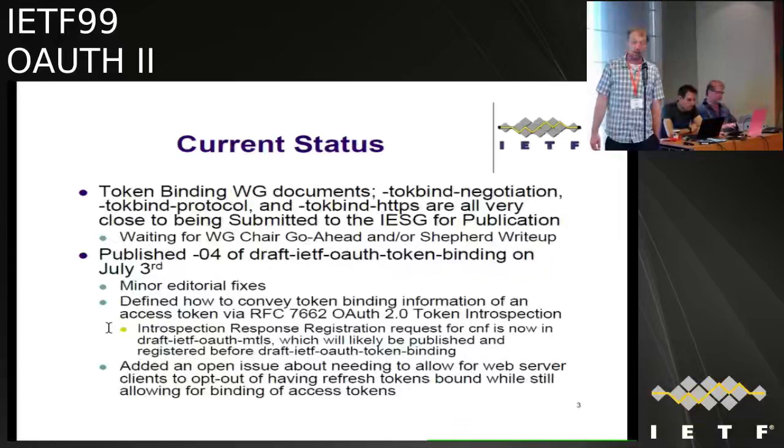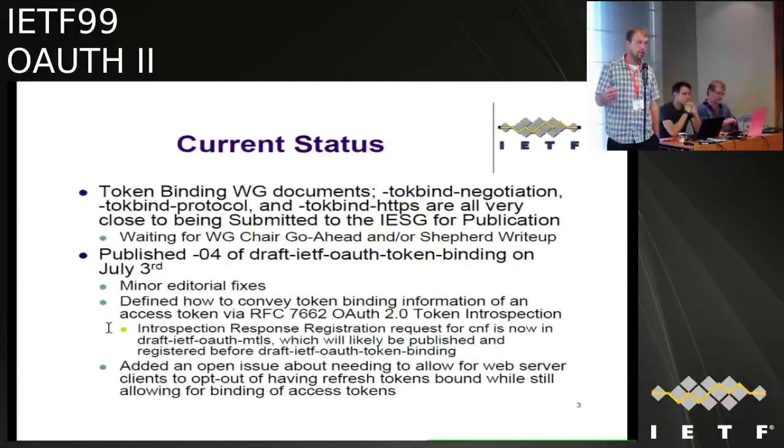So that's good. In this draft, the OAuth token binding, draft 4 of that was published also early in July. Apparently I did it on the same day. There's some very minor editorial fixes. More clearly define how to convey the token binding information of an access token in an OAuth 2 token introspection response.